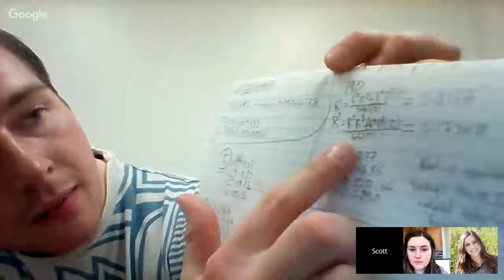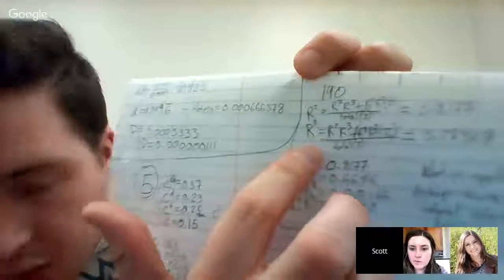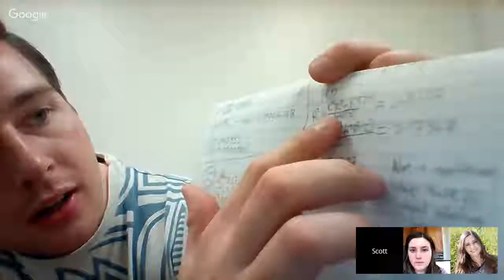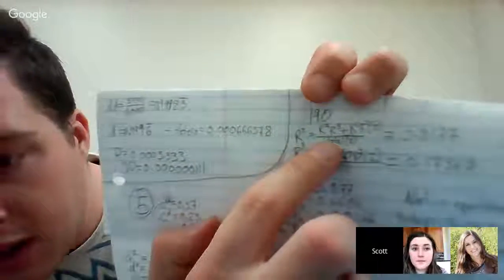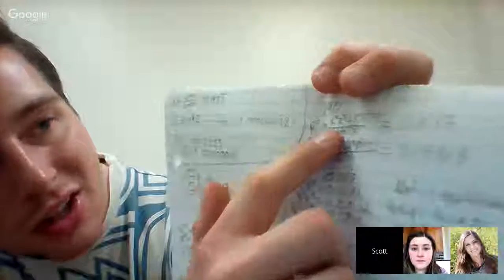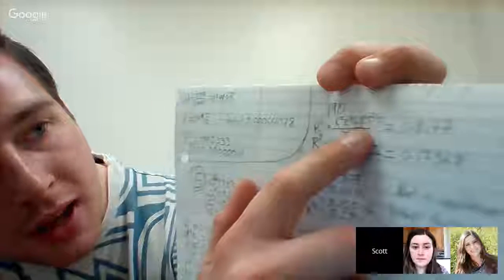So from there, what I did first, I'll just fold it here so it's easier to see, is figure out what the allele frequencies were. For R squared, I took the heterozygous genotype plus the homozygous R squared genotype, times that by 2, divided by the total times 2, and you end up getting the allele frequency.